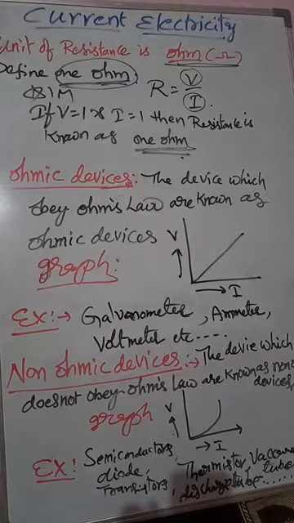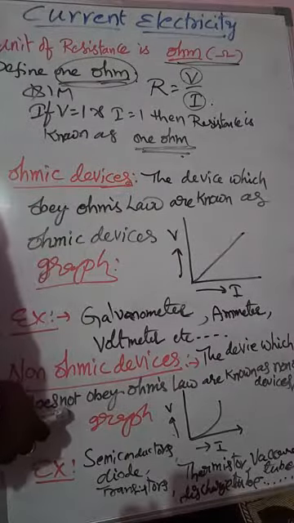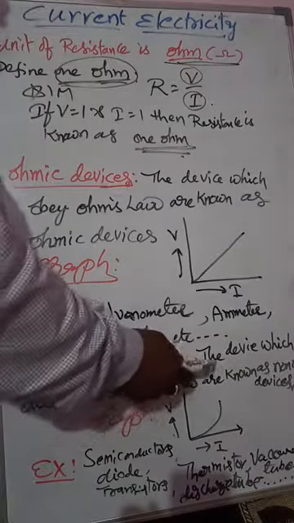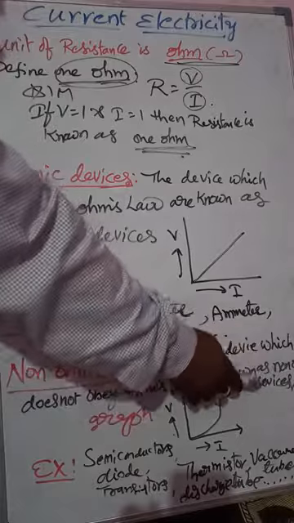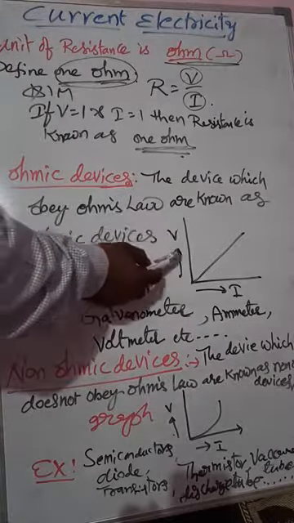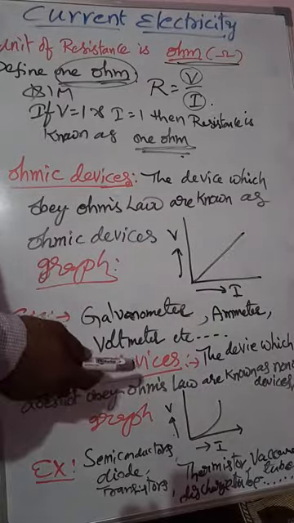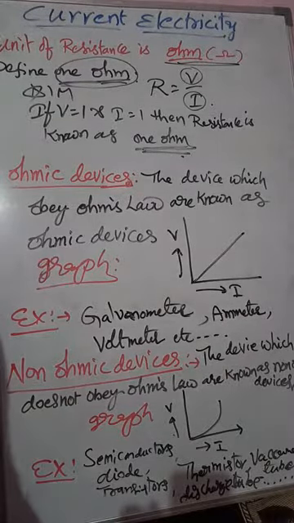The devices which do not obey Ohm's law are known as non-ohmic devices. Not obeying means irrespective of potential, current doesn't increase simultaneously. Clear? Maybe sometimes it will increase sharply, like a diode.